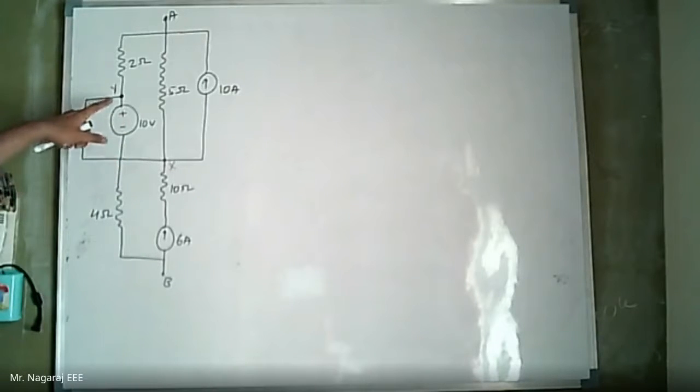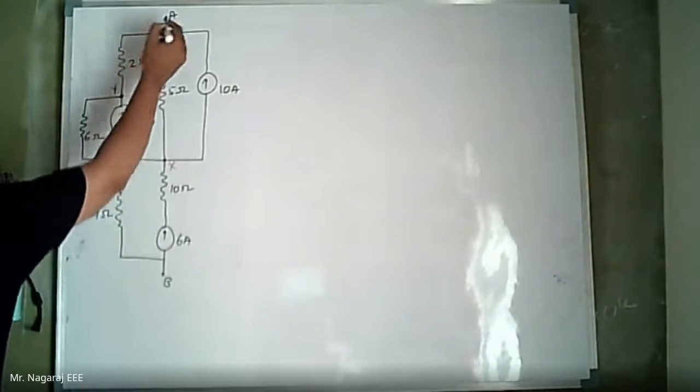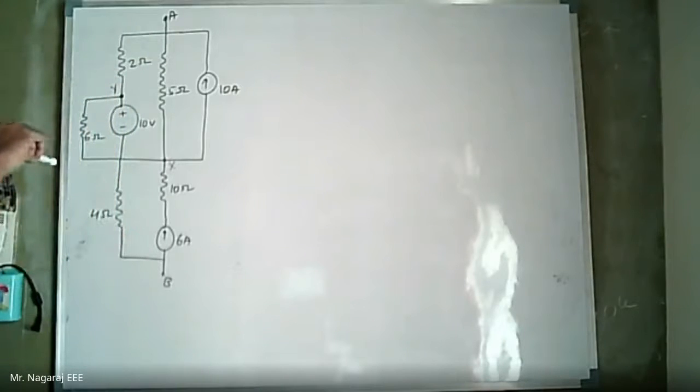Now here you observe the voltage drop between A and Y, that is across 2 ohms. The voltage drop across 2 ohms is independent of the resistance 6 ohms. So whether this 6 ohms is present across 10 volts or not, the voltage drop across 2 ohms will not change.